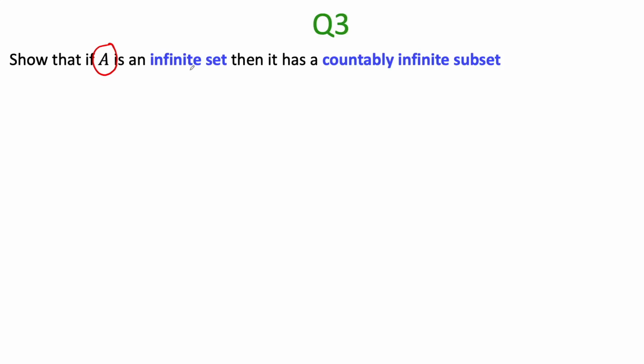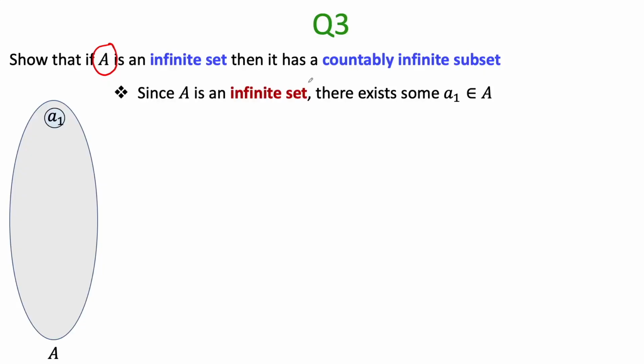But in the statement, I am asking you to prove this even if the set A is uncountable. So even if my set A is the set of real numbers, which is an infinite set and not countable, I am asking you to prove the existence of a subset of real numbers which is countable and infinite. Right? So we will prove this general statement.